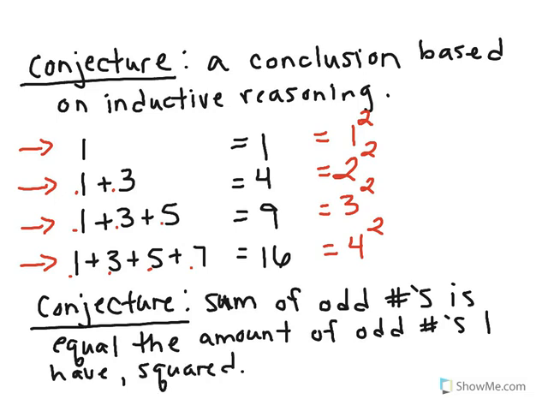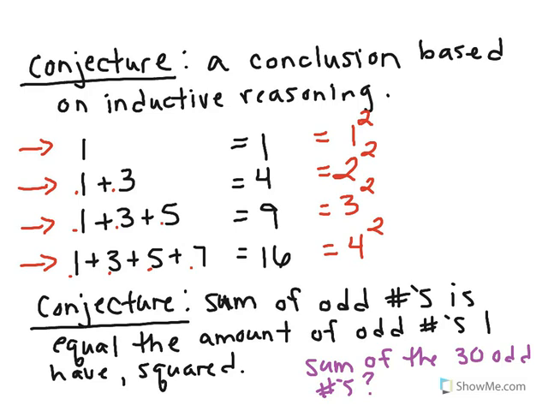So what do you think the value would be if I wanted to know the sum of the first 30 odd numbers? How would I do this if I follow this conjecture?